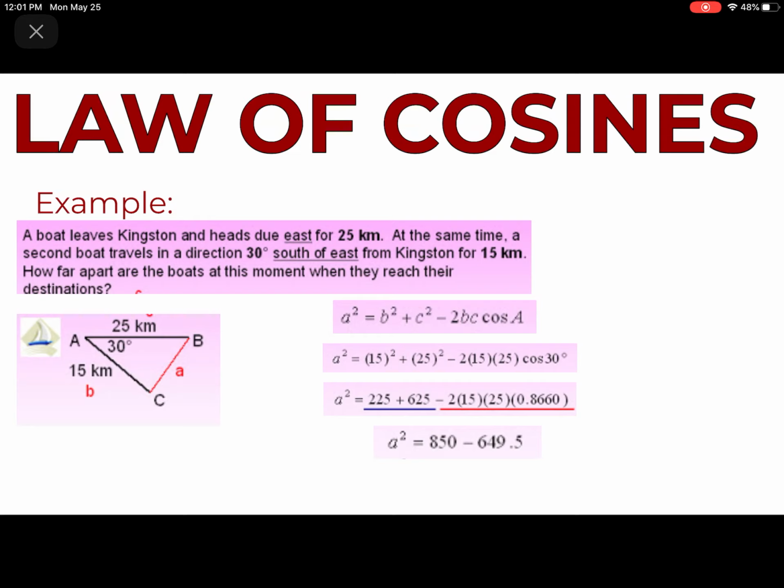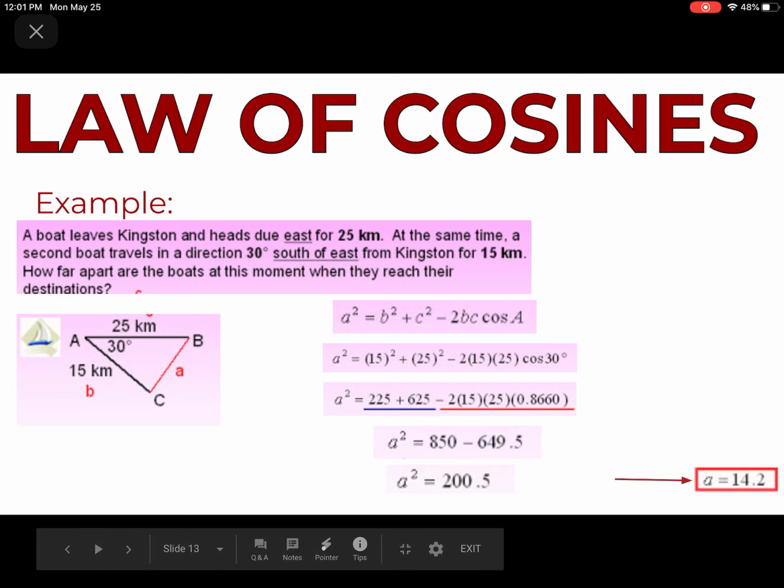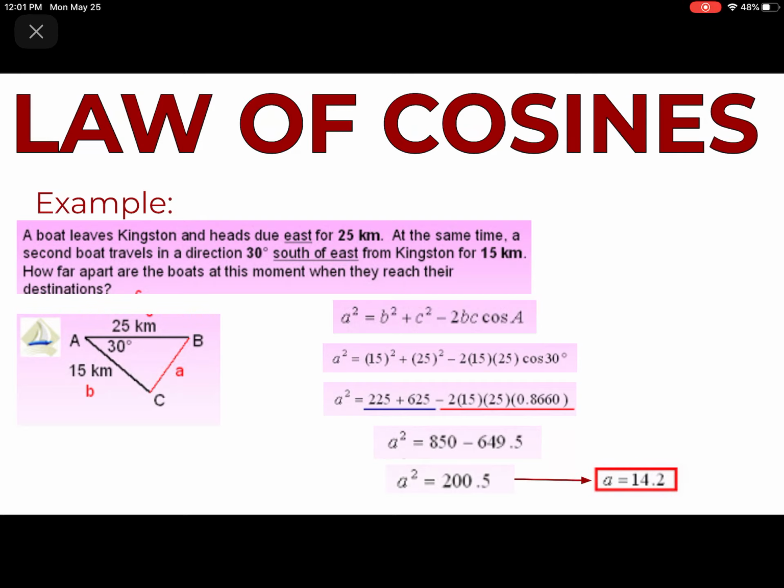A squared equals 850, that's adding the first two, minus doing all that multiplication, 649.5. A squared equals 200.5. Taking the square root of both sides, A is 14.2 kilometers. All right, make sure you include your words in the answer for a word problem, even if the PowerPoint did not show them.